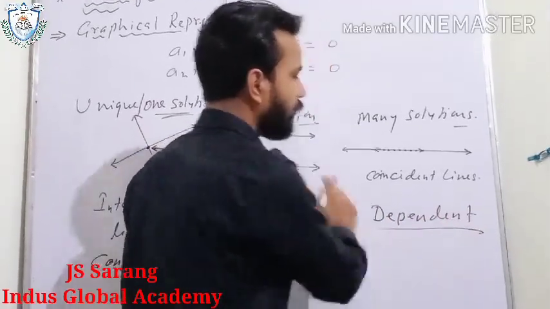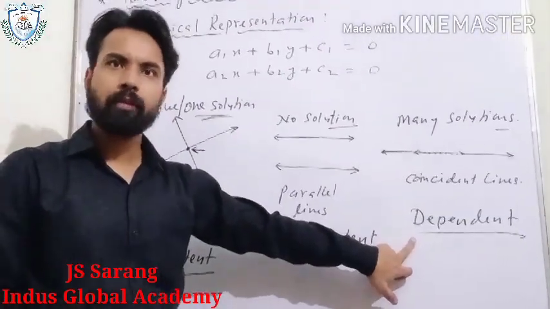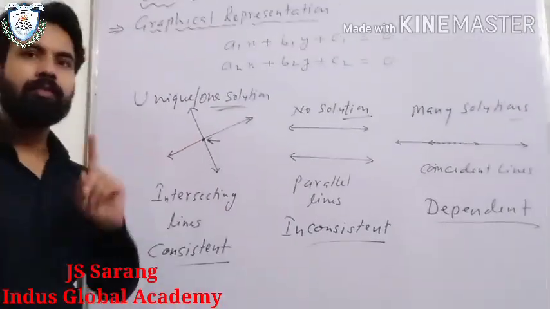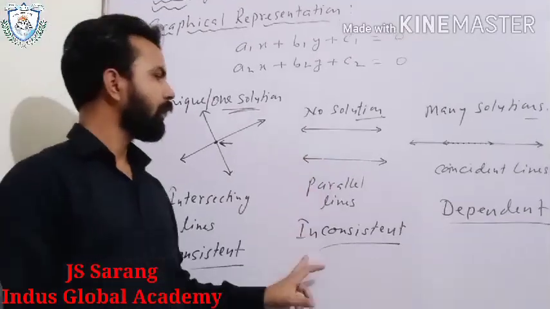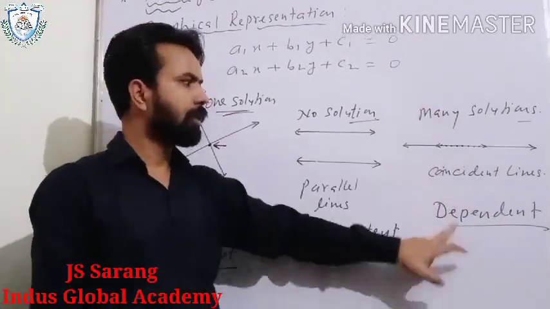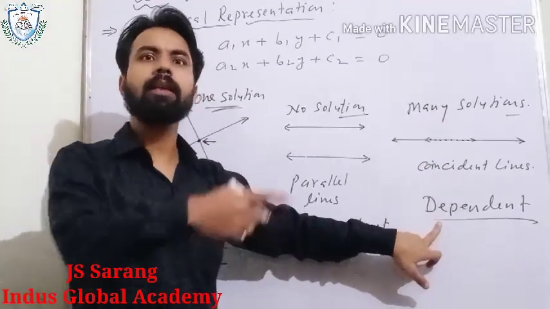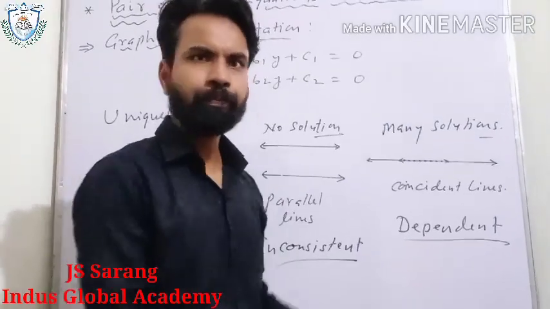The nature of these type of lines is dependent. So if the pair of linear equations has one solution, its nature will be consistent. No solution, inconsistent. Many solutions, dependent. They are also consistent as well as dependent. Understood?